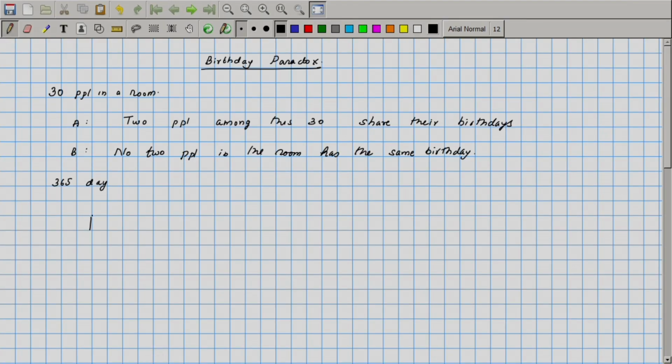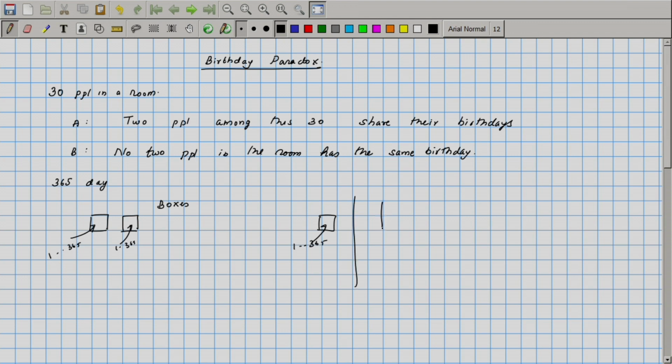We could think of it this way: there are 30 boxes corresponding to people, and in each box you put a number, and this number could be any number from 1 to 365, and each number is equally likely to be chosen to go into the box.